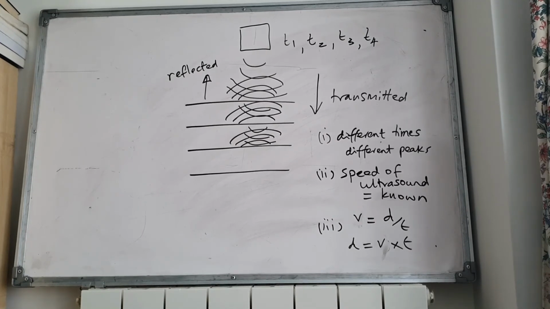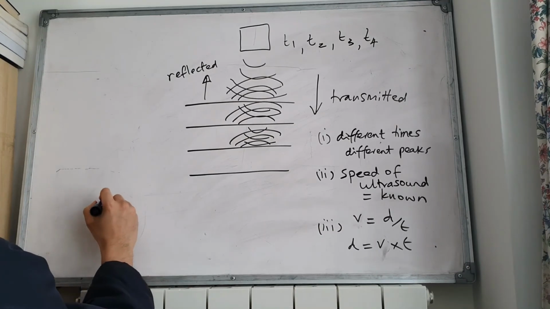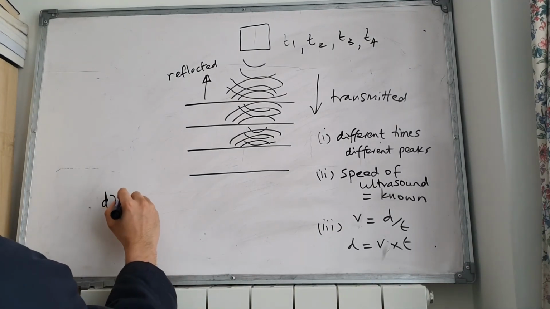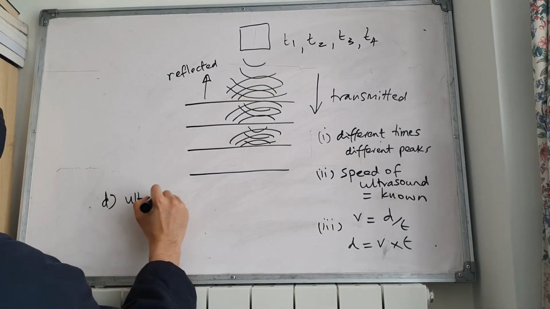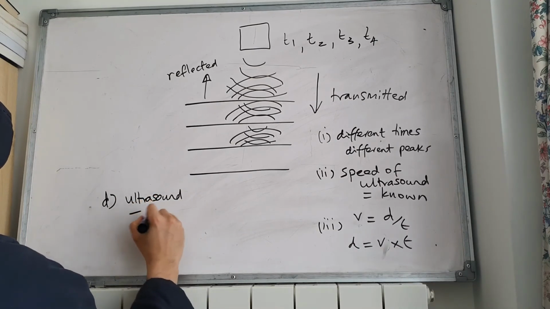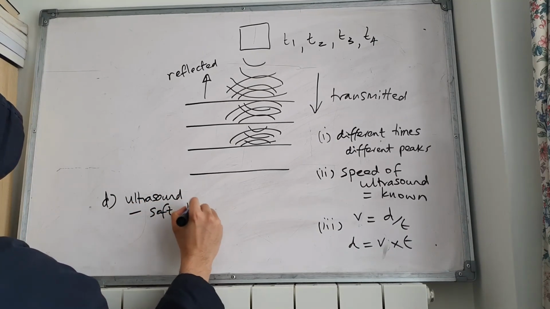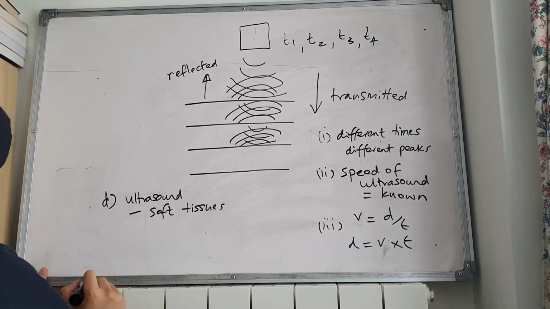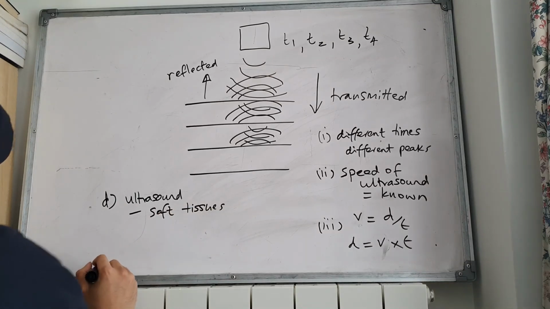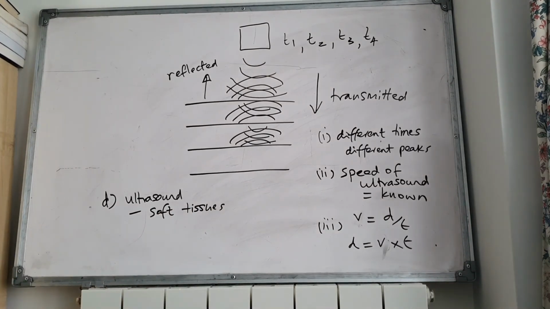For part D, what do you use ultrasound for? So for part D, ultrasound is used for soft tissues. So that is for ultrasound. You use this for soft tissues. And what medical use is there for ultrasound?